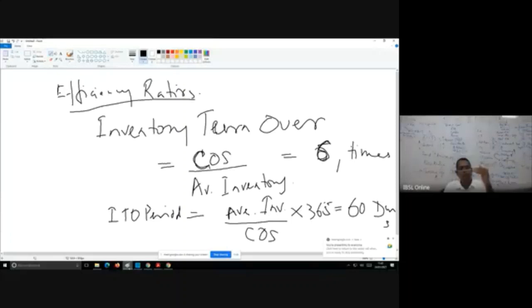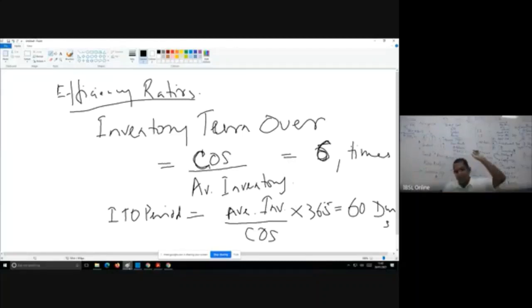Right, so first what we did is the current assets and the current liabilities. That is the liquidity ratios. As part of liquidity ratios, we have efficiency ratios, right? The first efficiency ratio deals with inventory: how fast you convert your inventory into sales. Inventory turnover is cost of sales divided by average inventory.